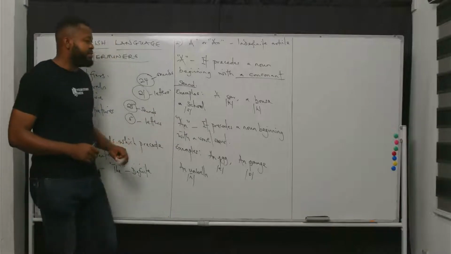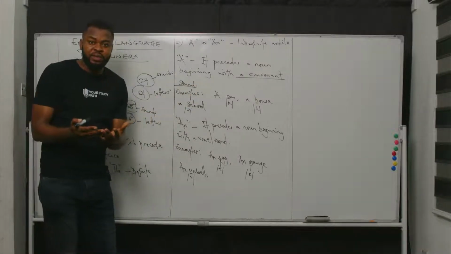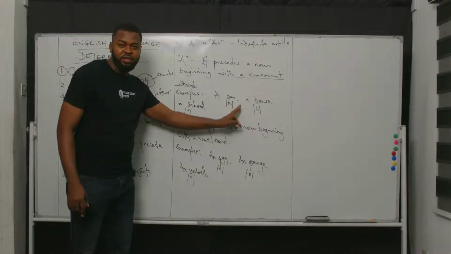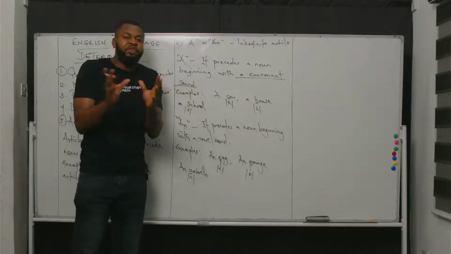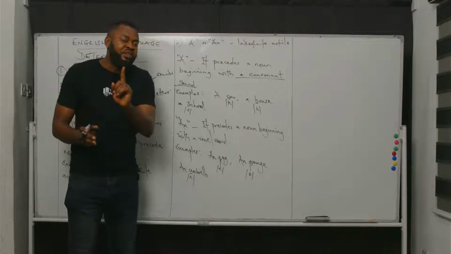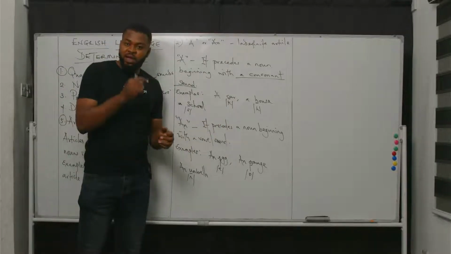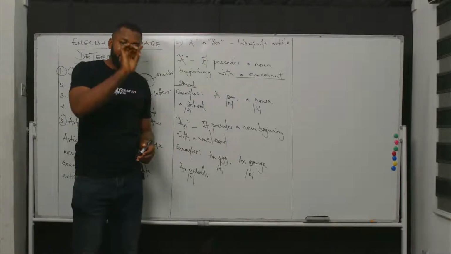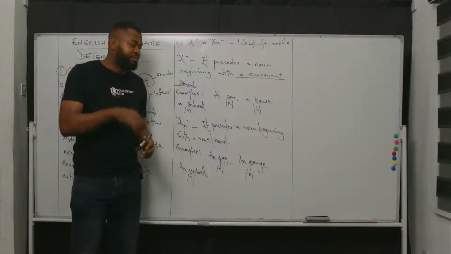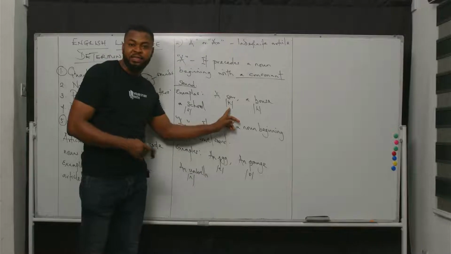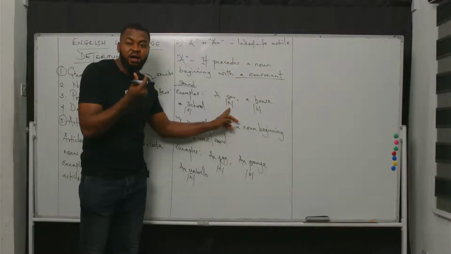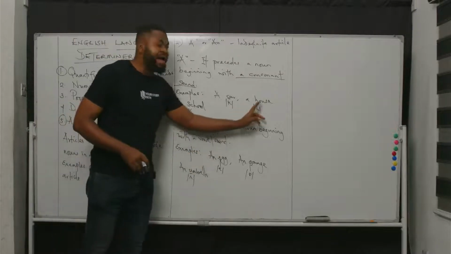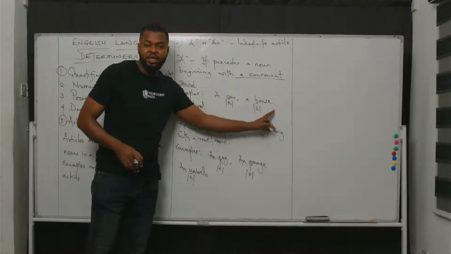Now, here, I gave you some examples. I said a car. Why does A collocate with car? The reason being that car is a noun, and then the first letter there is letter K. All right? As you can see, the sound that it produces is K. Do you understand? You have a house, a house.